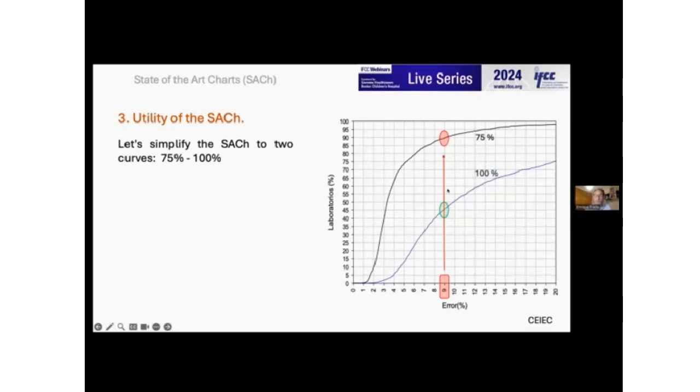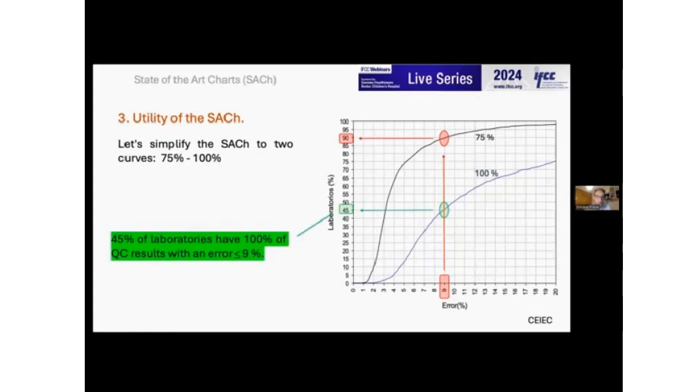On the one hand, 45% of laboratories have 100% of their results below, in this case 9%, for the determined measure, for example cholesterol, which would follow this curve. On the other hand, we can say that 90% of laboratories would have 75% of their quality control results below 9%. But we can read it the other way around.